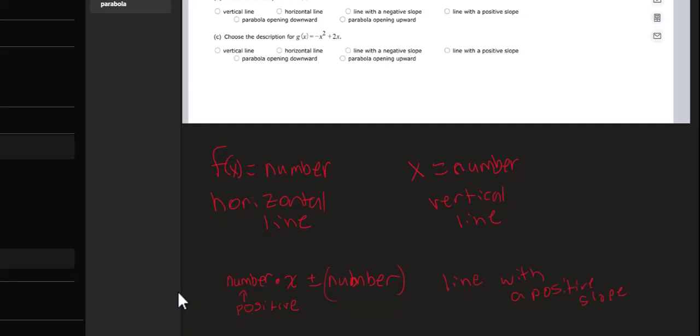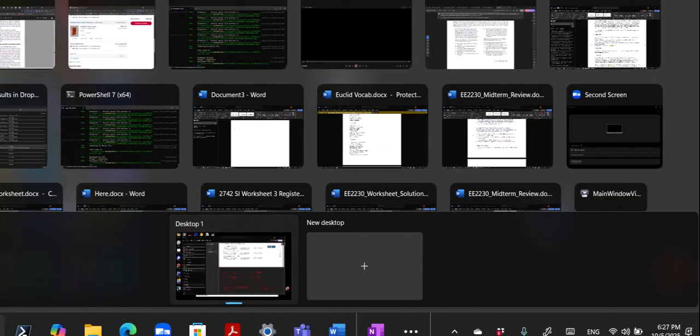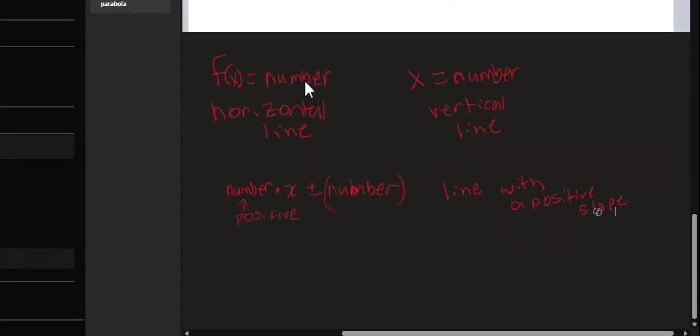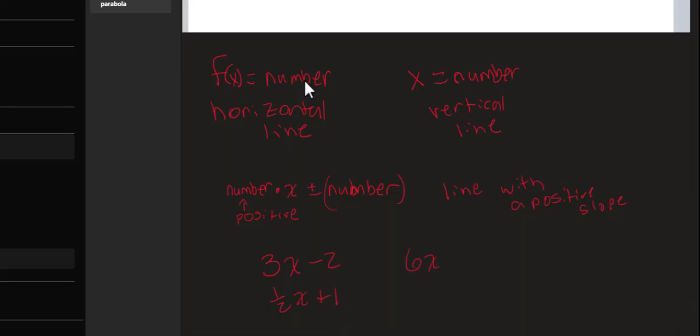So examples of that would be 3x minus 2, 1/2 x plus 1, 6x minus 6, x, 5x.